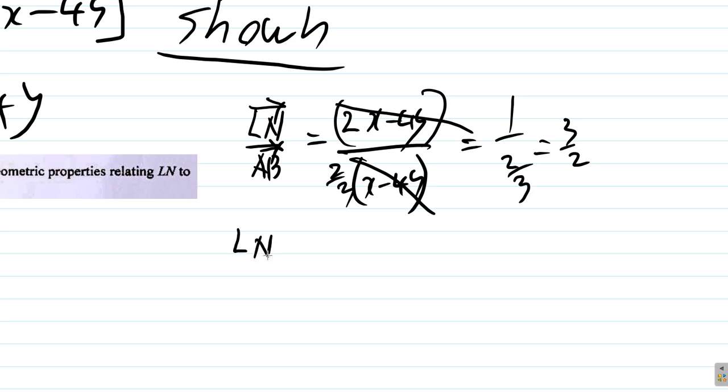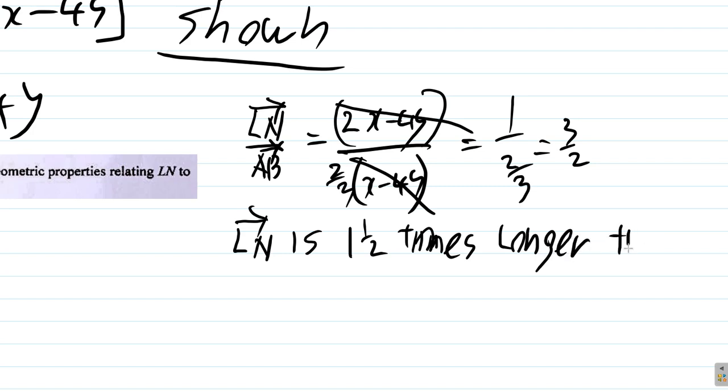So LN is 1.5 times longer than AB, right?